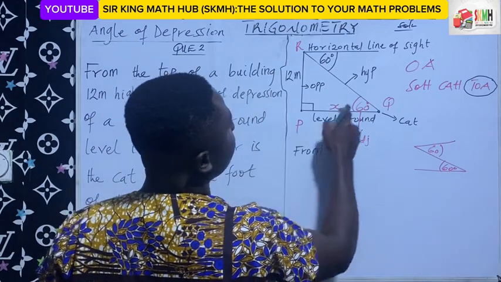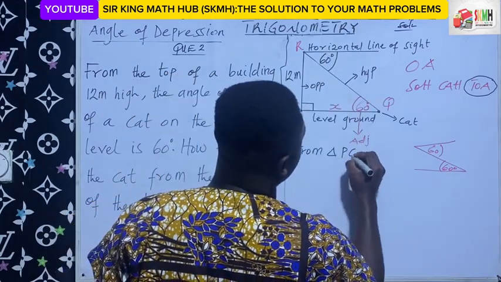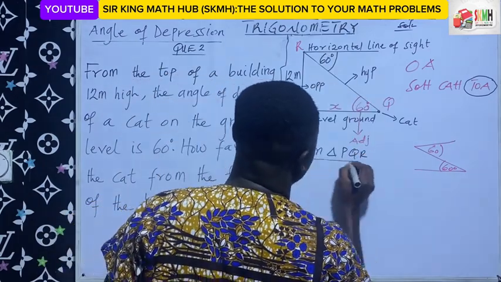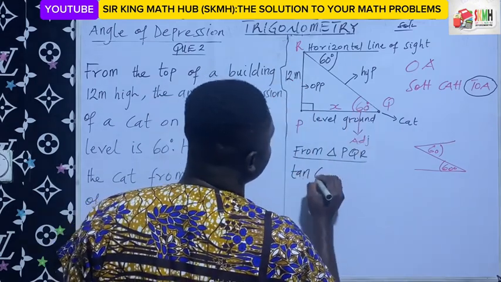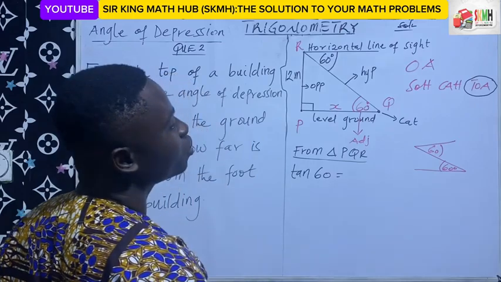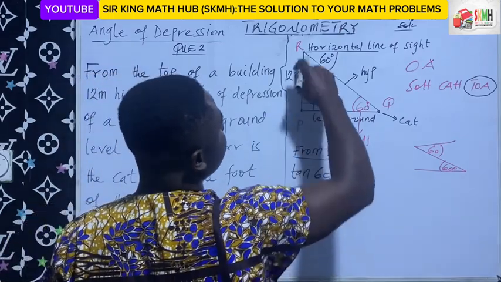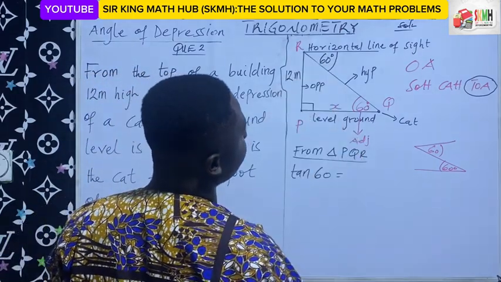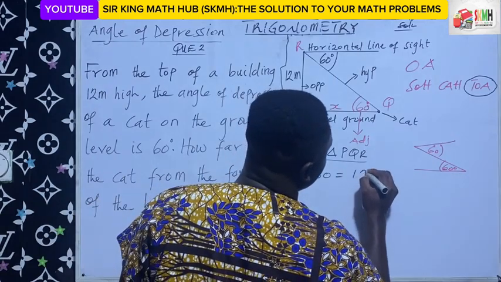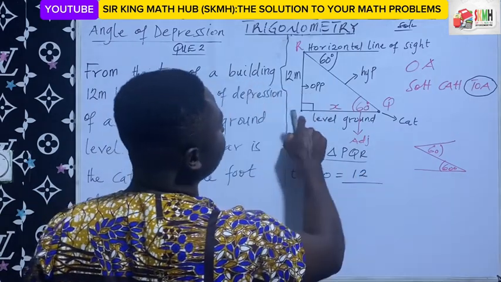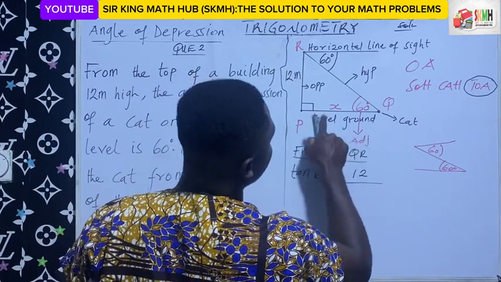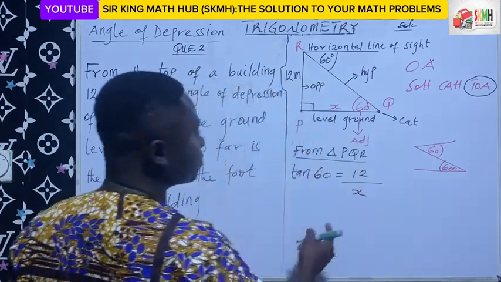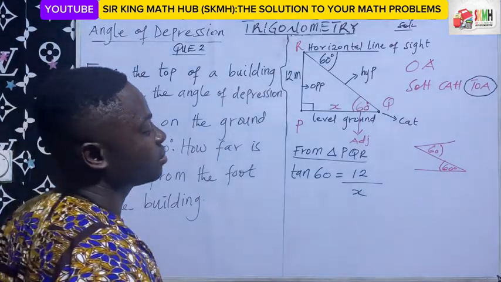From triangle PQR, the tan of this angle here, 60 degrees, must be equal to the length of the opposite, in this case the height of the building, 12 meters, divided by the length of the adjacent, the distance from point P to point Q, represented as x. So we are looking for x.